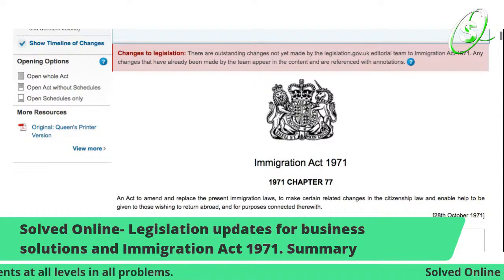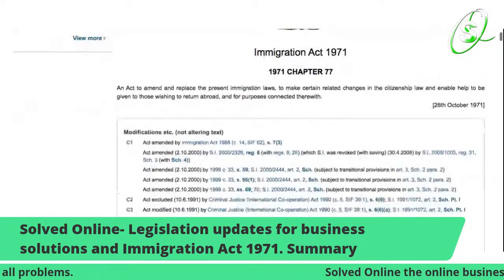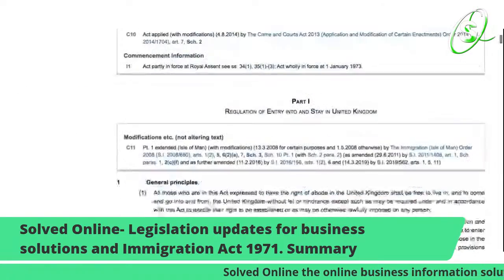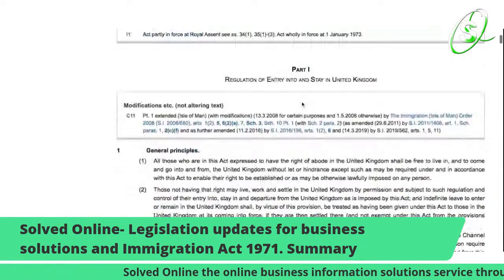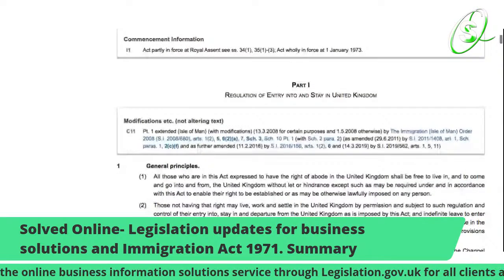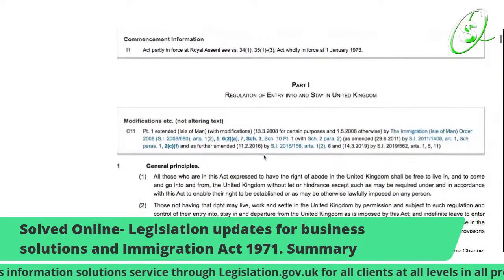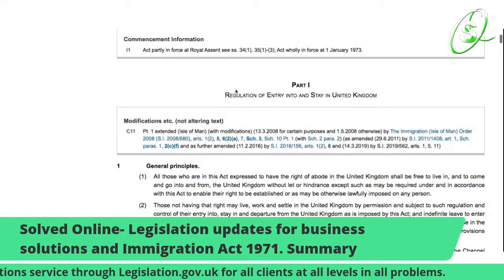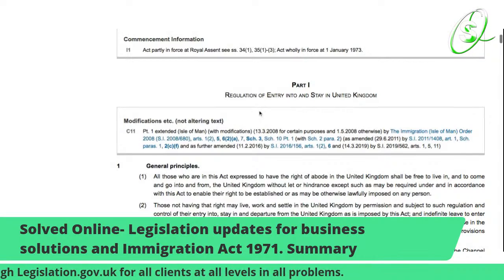So we got that. So the first part, this is part 1. Like I say, brief demonstration. Let me just check the time. It shows you regulation of entry into and stay in the United Kingdom.